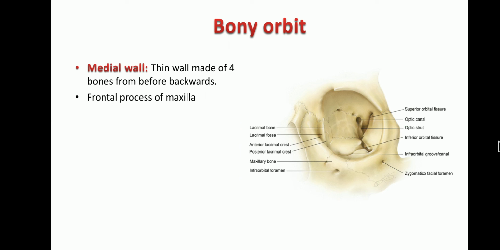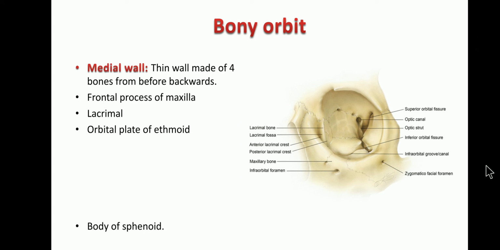Behind that, it is formed by the lacrimal bone. Then the orbital plate of ethmoid bone, and finally, more posteriorly, the body of the sphenoid. So 4 bones from before backwards mainly form the medial wall of the orbit.